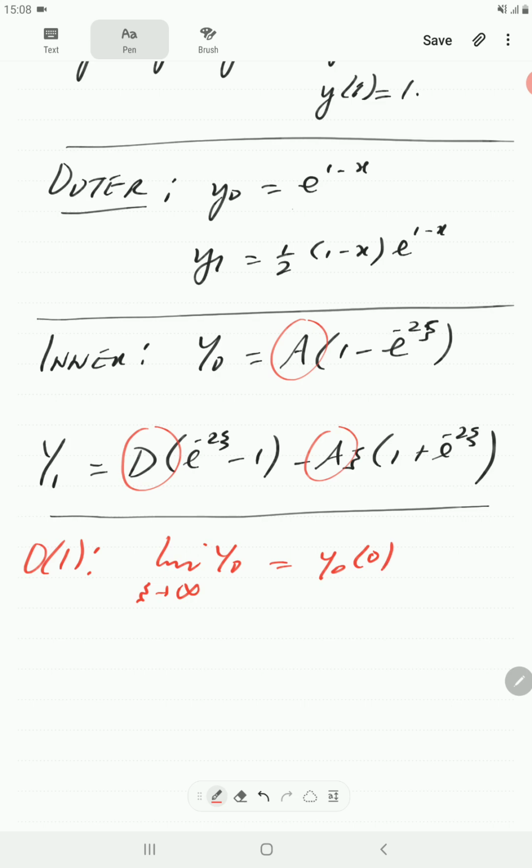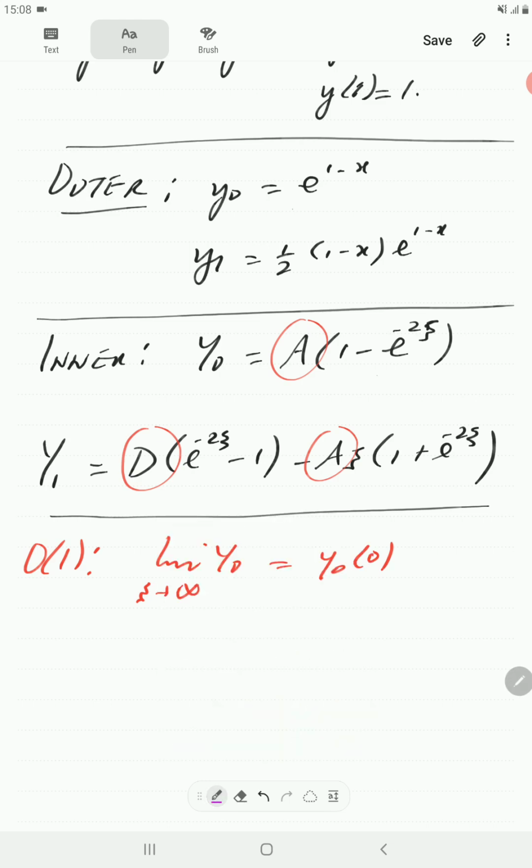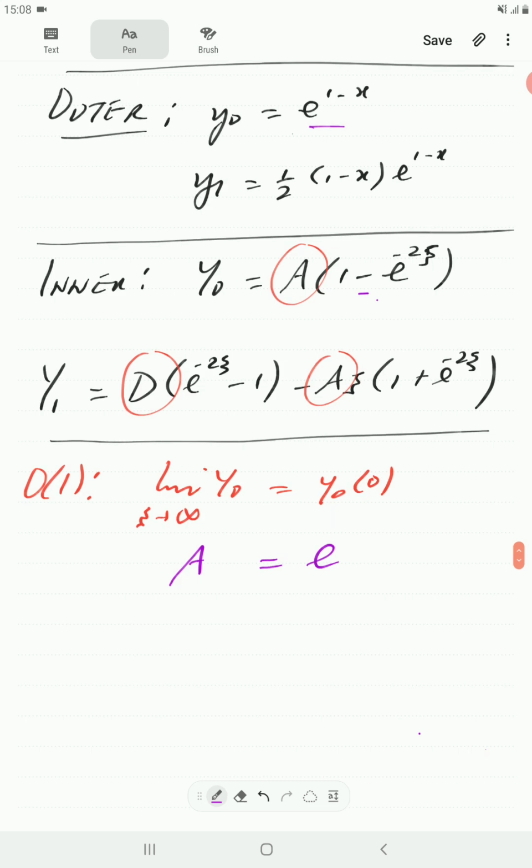On the left hand side we've got the inner variable y, right hand side we've got the outer variable y. Now as xi goes to infinity, that thing is going to give us a. And then this one, if we plug in 0, that thing is going to give us e. And so a is equal to e.